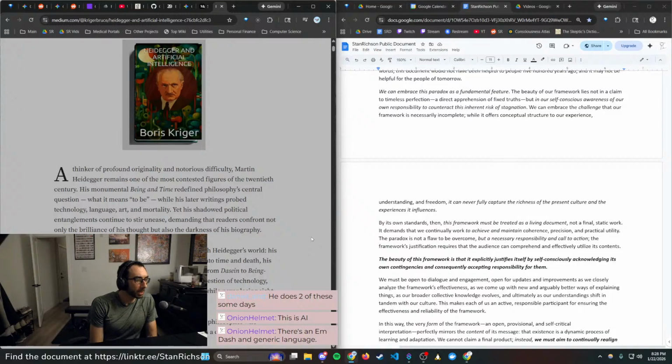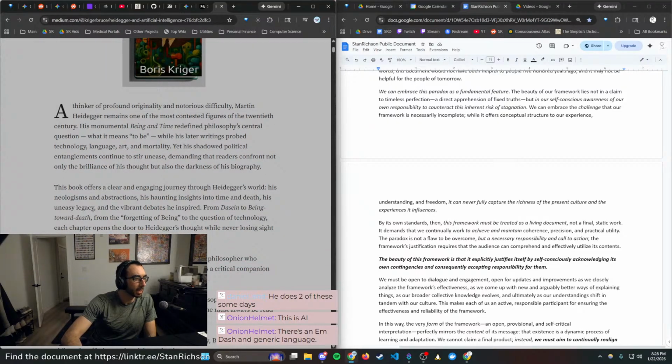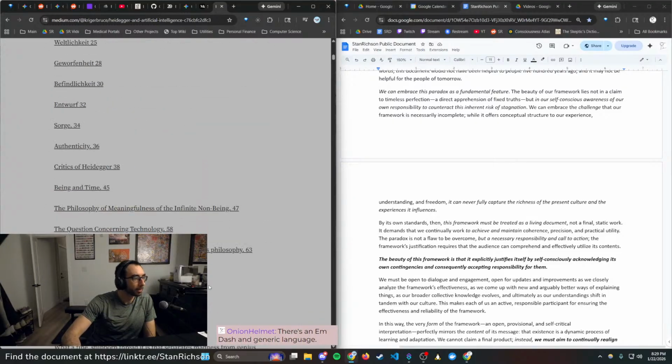This book offers a clear and engaging journey through Heidegger's work, his neologisms and abstractions, his haunting insights into time and death, his uneasy legacy, and the vibrant debates he inspired. From Dasein to being-toward-death, from the forgetting of being to the question of technology, each chapter opens the door to Heidegger's thought. Well, this has to be AI, right?